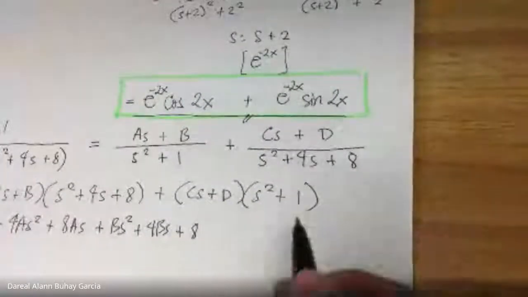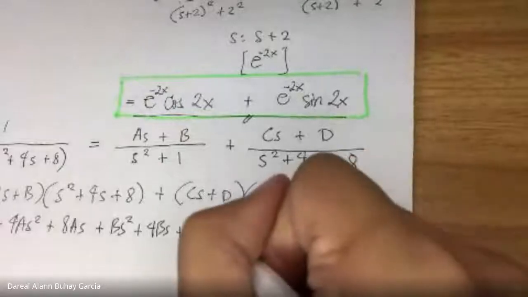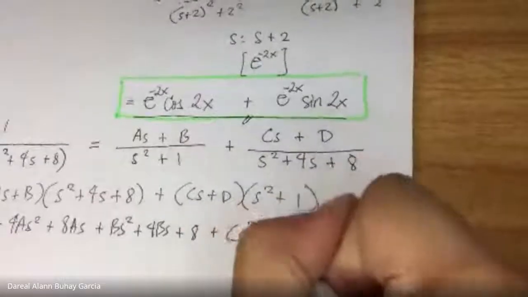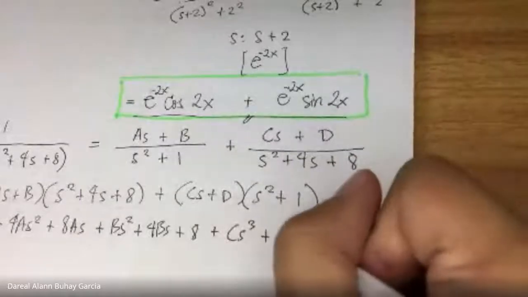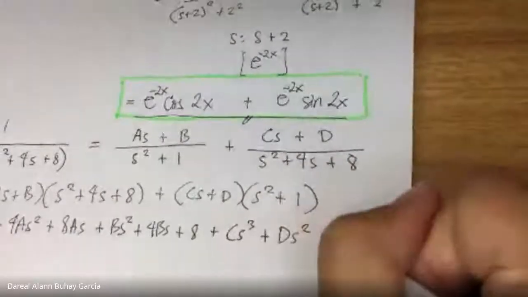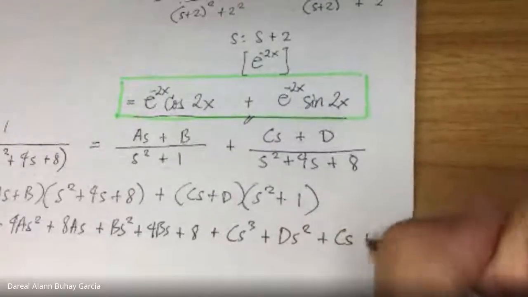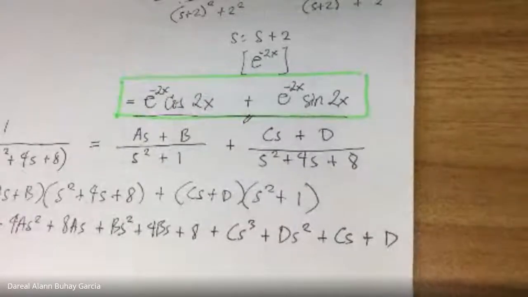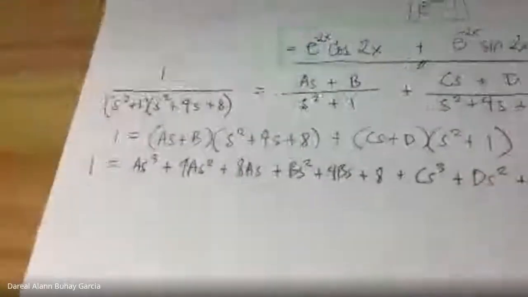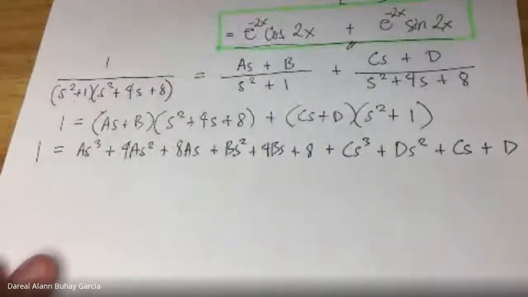Next, FOIL the second part: Cs cubed plus Cs plus Ds squared plus Cs plus D. Then combine like terms.